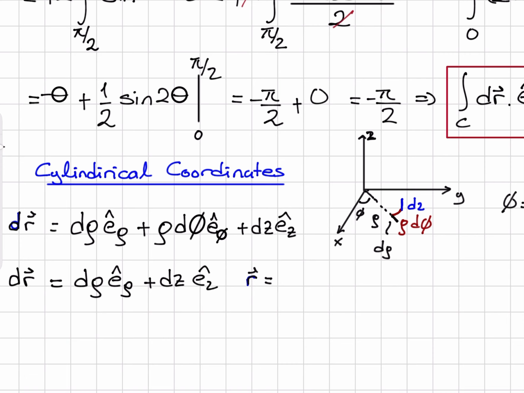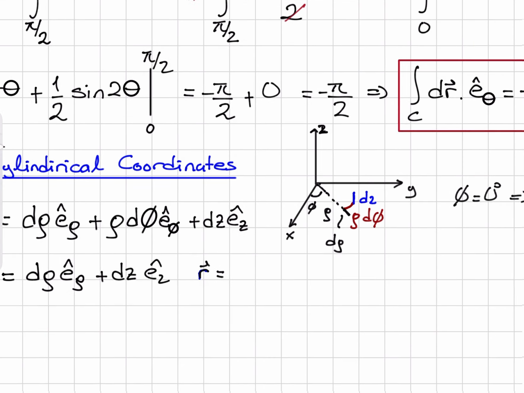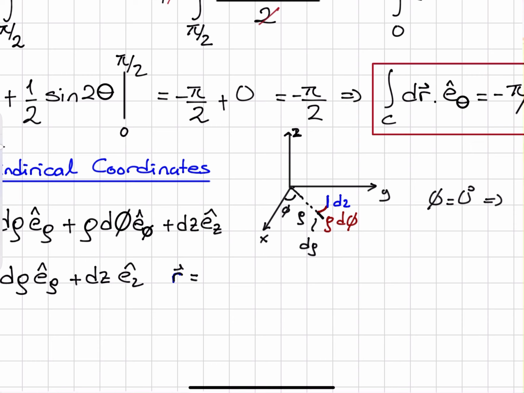A general position vector is given in terms of cylindrical coordinates as rho cosine phi in ex hat direction plus rho sine phi in ey hat direction, and then we have z in ez hat direction.